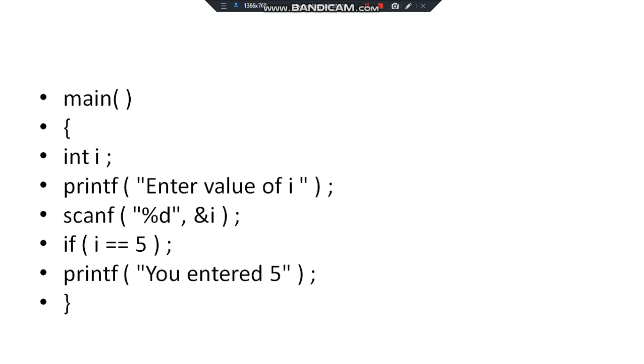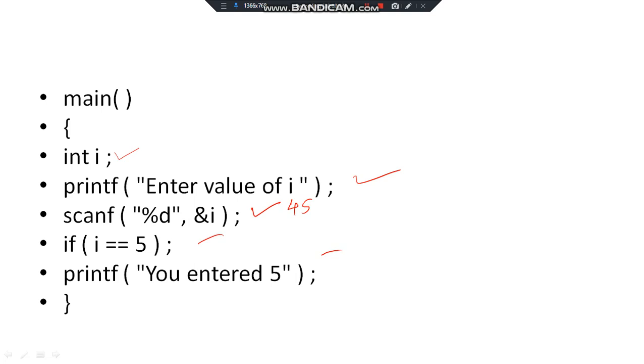Over here what we have done is, int I and printf "enter the value of I". After that %d, ampersand I, and this one. If we write this program, what will be the output? If I enter 45 here, what will be the output?